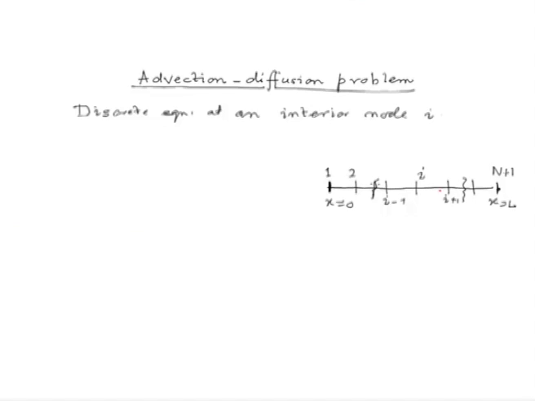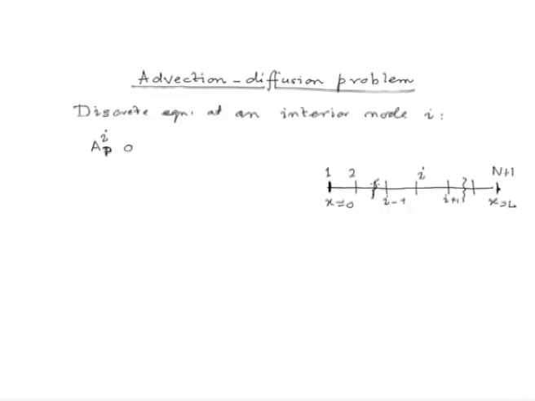So, we wrote our generic discrete equation at node I as AP. The subscript P stands for our grid node I, and to reinforce this we put a superscript I as well.